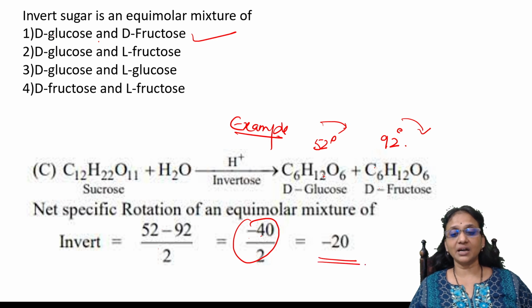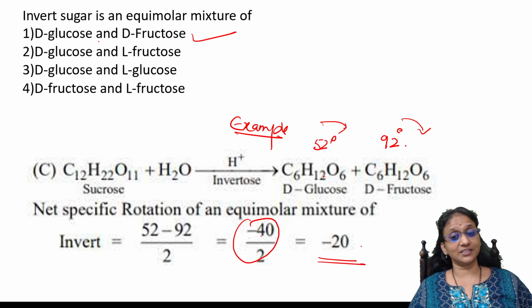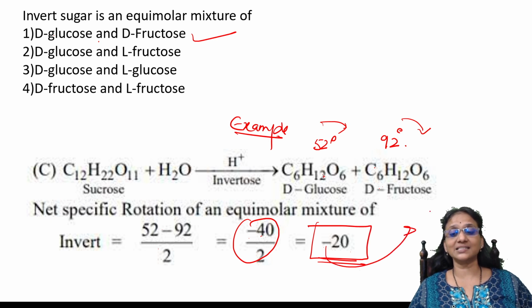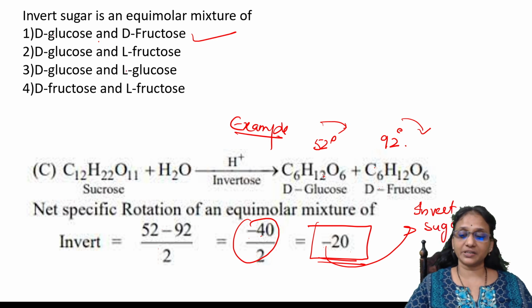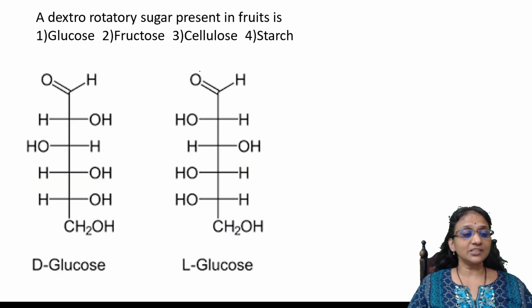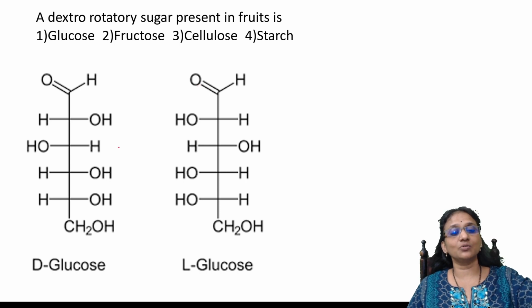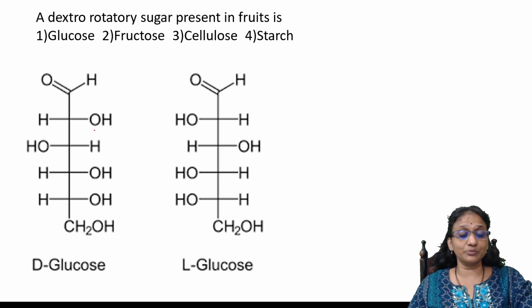I'm getting minus 20 degrees as the answer. Because of this minus value, I call this invert sugar. So which ones are the equimolar mixture? D glucose and D fructose. Easy? Perfect.